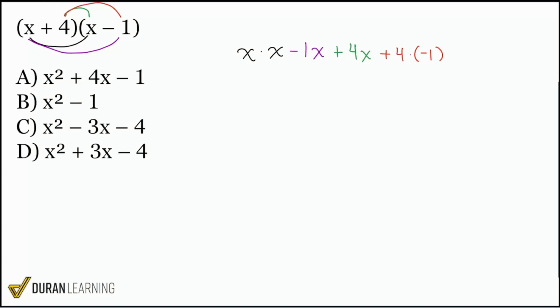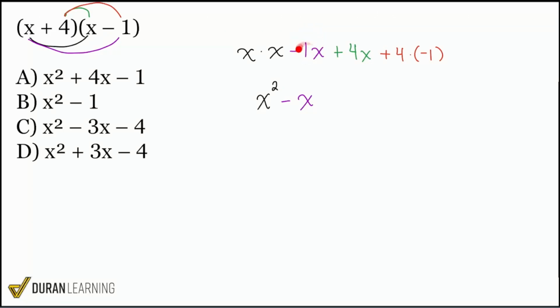Here we go. Everybody, what is x multiplied by x going to give us? X times x yields x squared. That is correct. Then we have -1 times x, and that's going to be the same thing as just minus x. Because remember, everybody, if there's a 1 in front, we don't have to write it. We don't have to say minus 1 apple. We can just say minus an apple.